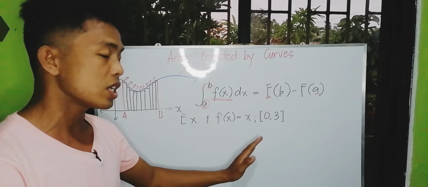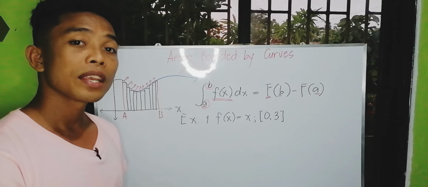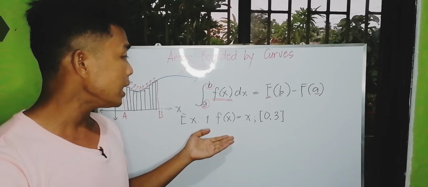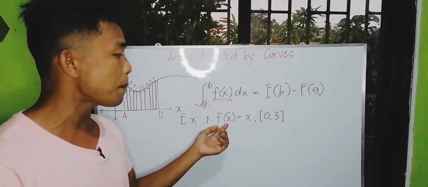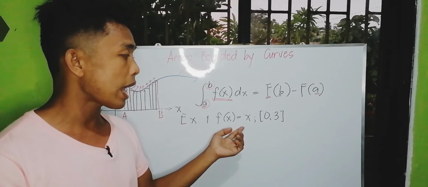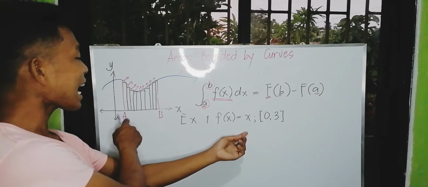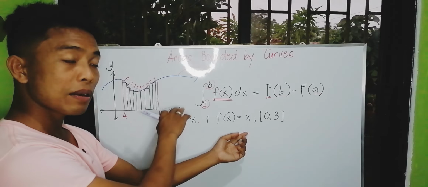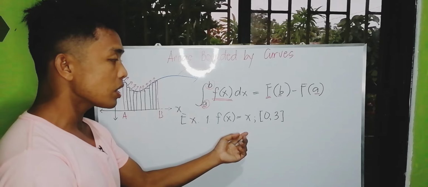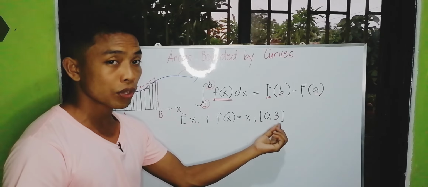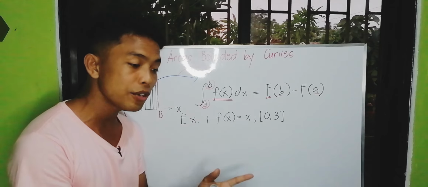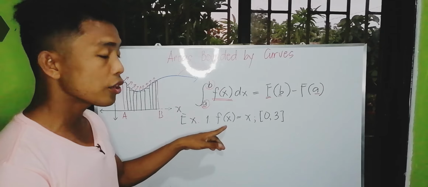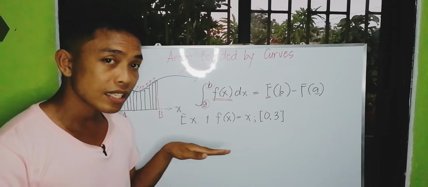But the problem goes this way. Find the area bounded by the graph of the function f of x is equal to x and the x-axis. Kasi sabi natin, dito muna tayo sa functions above the x-axis with the closed interval of 0 to 3. Yun ang gagawin mo. Hanapin mo daw yung area bounded by the function f of x and the x-axis from 0 to 3.